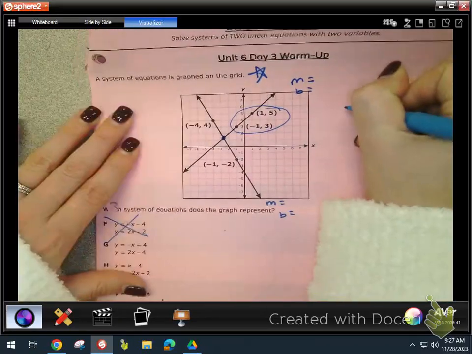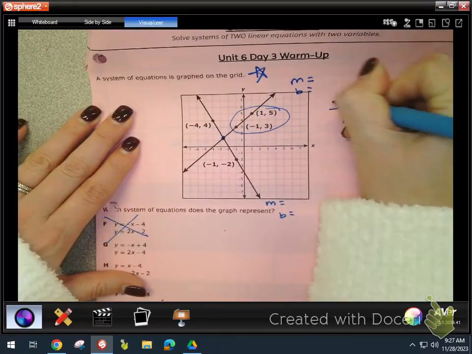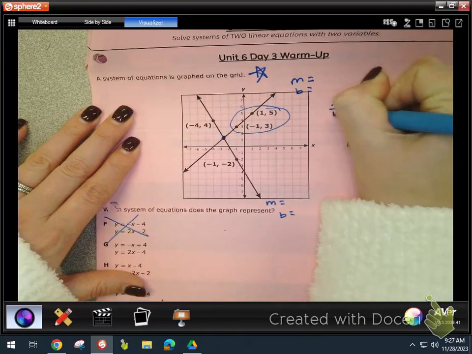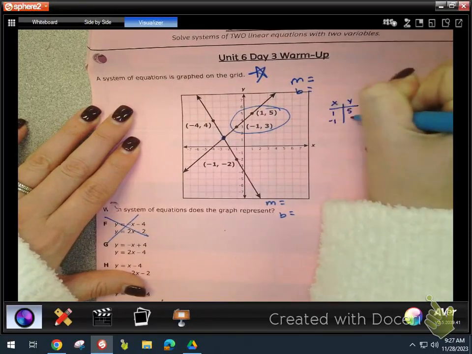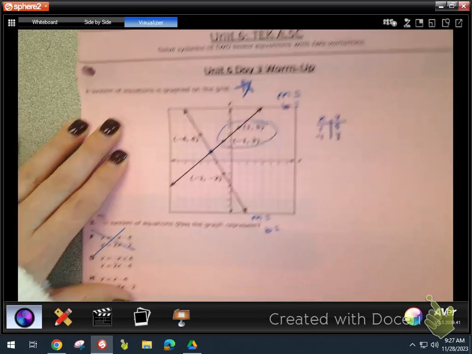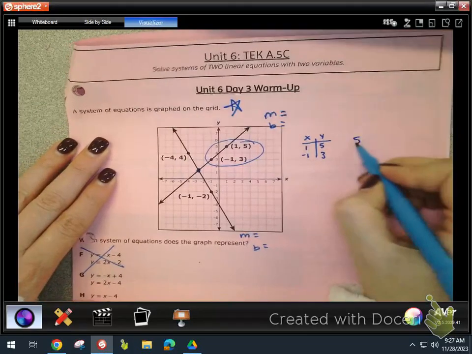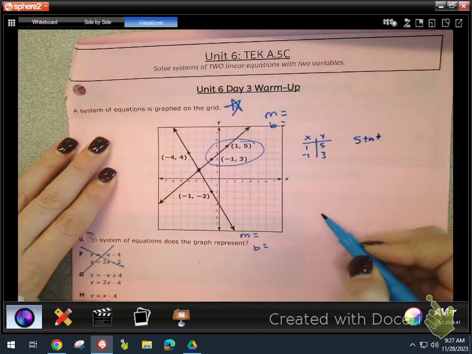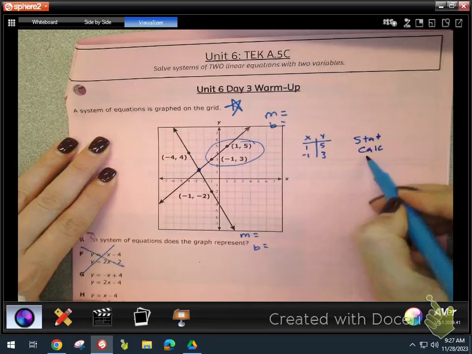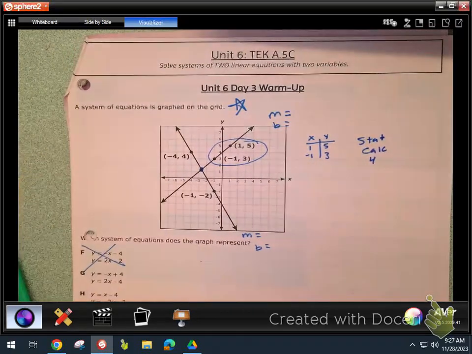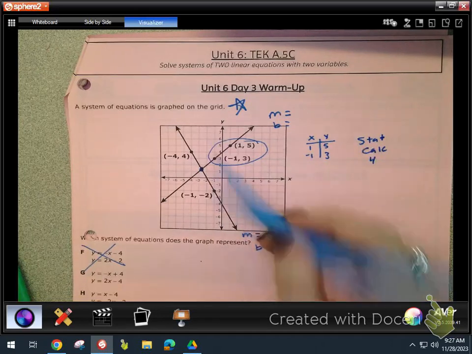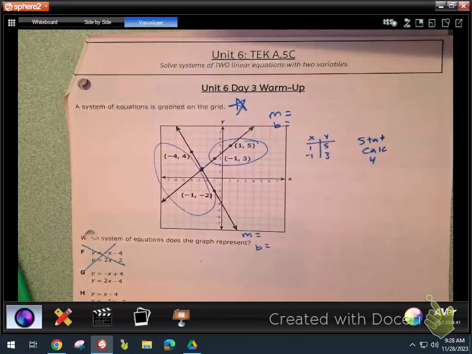So my first line, I could make a little table, and I don't know if anybody did this, but it might be worth talking about. I could put this little table in stat. Y'all remember doing stat? Stat Calc 4. And then it would give me my slope-intercept form of each line. So you could have done that with those 2 points and those 2 points.